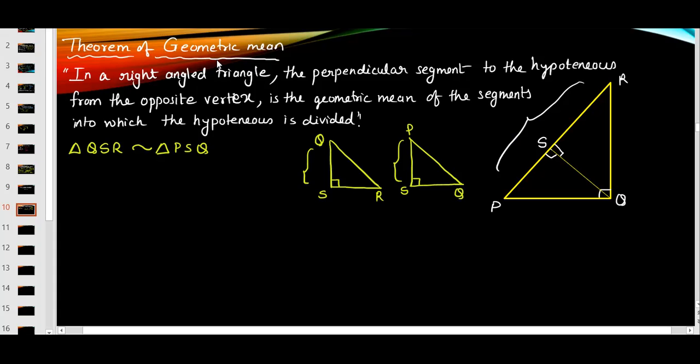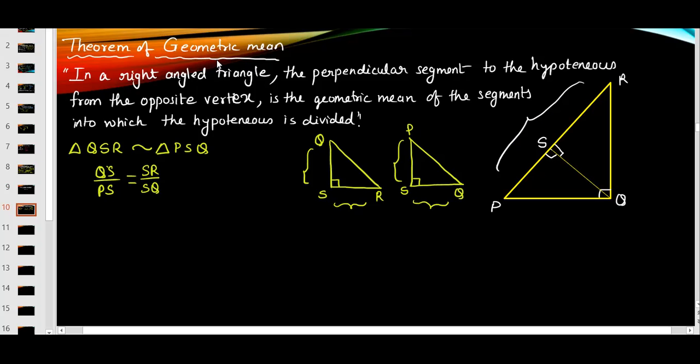Here also we are going to follow the same thing, and that is why we write the first step saying QS divided by PS is equal to, so this becomes one ratio. Another one is SR divided by SQ. This we learnt in our similar triangle chapter. That's why we are writing like this.